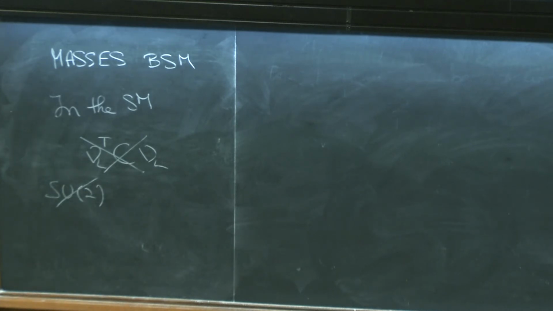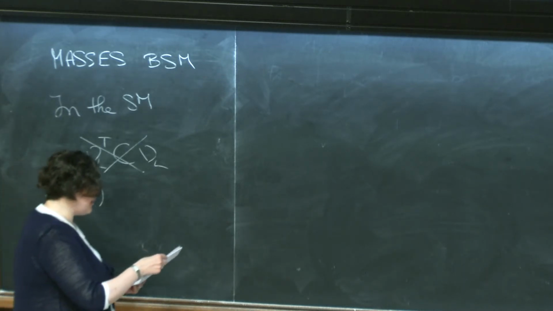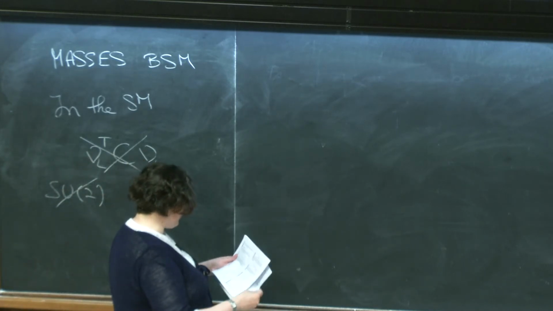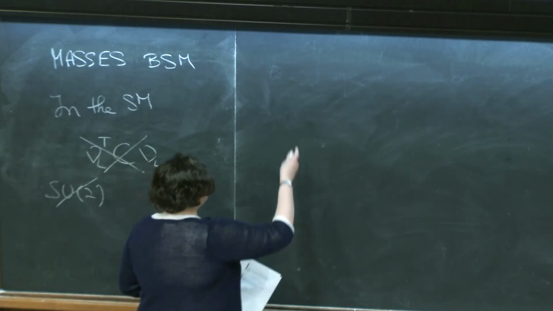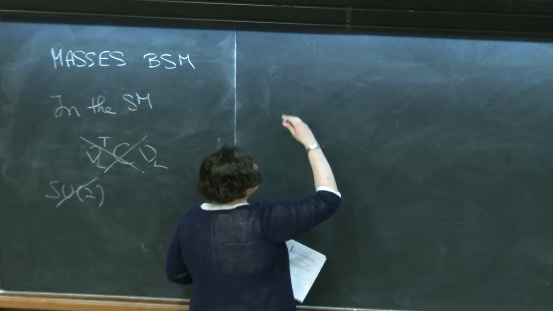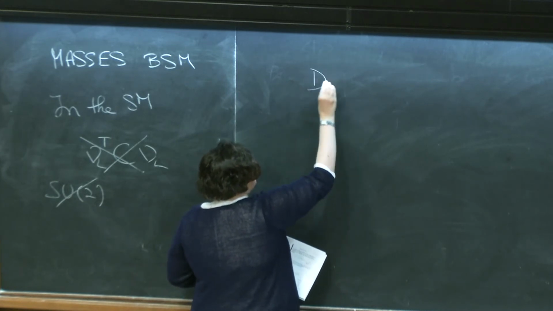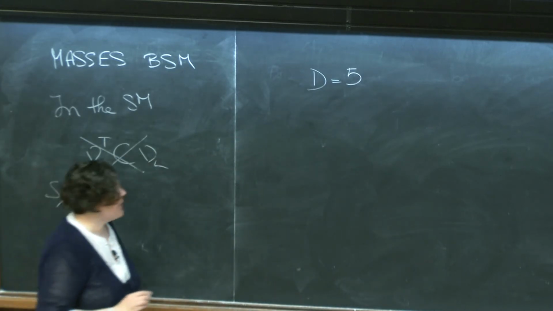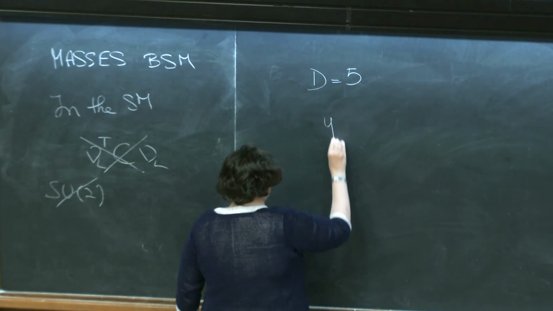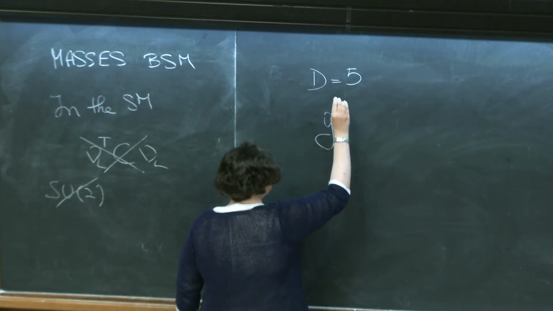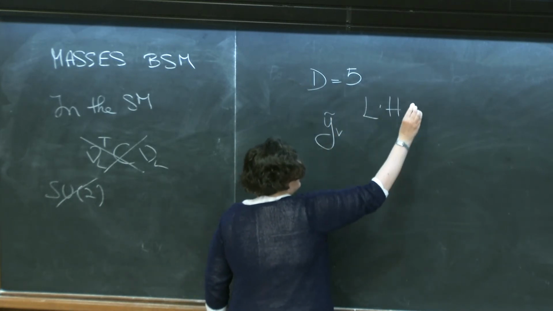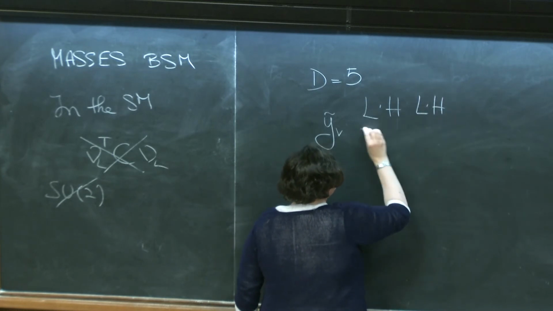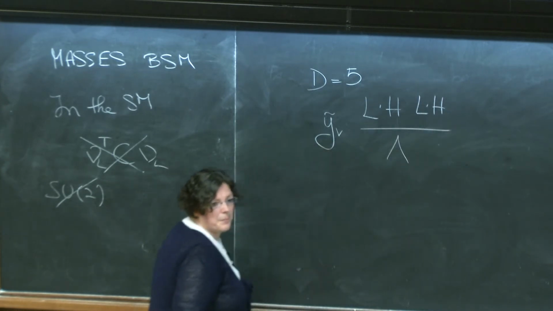It can arise only once you break the SU2 symmetry, and the simplest way to look at it is to go to the effective field theory and look at the first term I can add to the standard model. This is dimension 5, with a coupling L H H divided by a scale lambda.